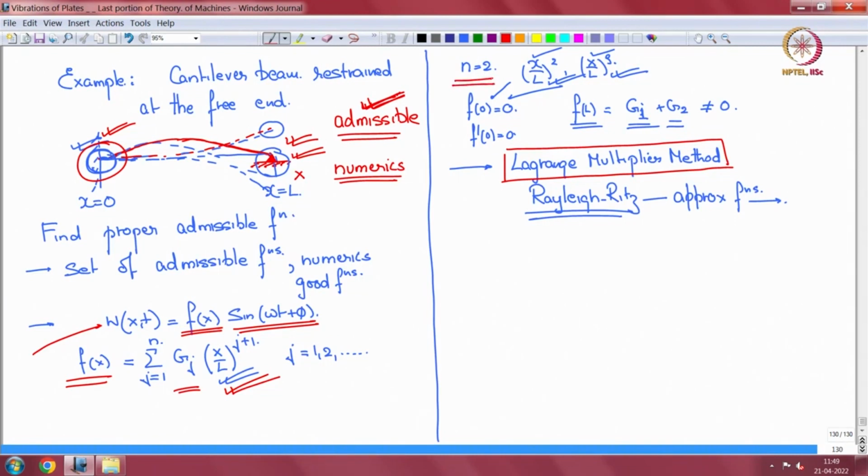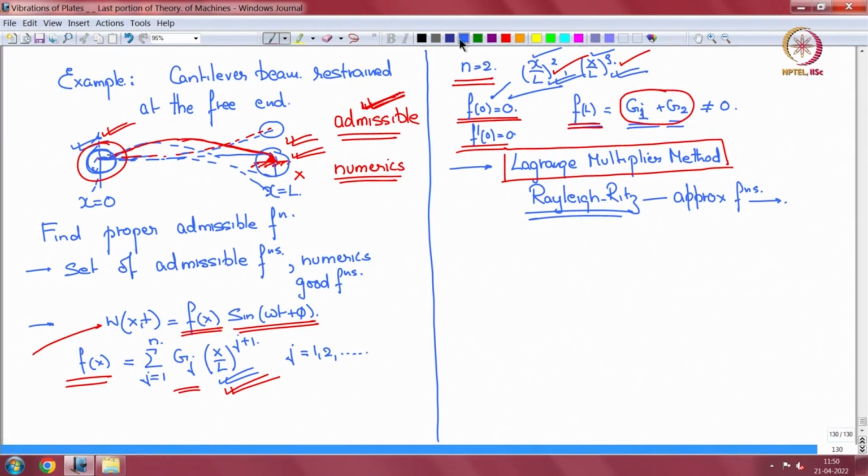For n equal to 2, the first one is (x/L) squared, the second one is (x/L) cubed, and you can see that they satisfy the displacement and slope condition at x equal to 0. However, at the other end, at x equal to L, the displacement is g1 plus g2, which need not be 0, it has to be enforced.